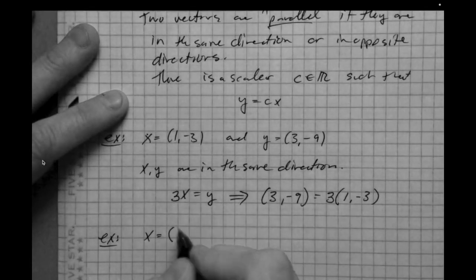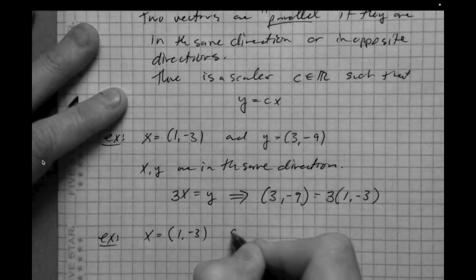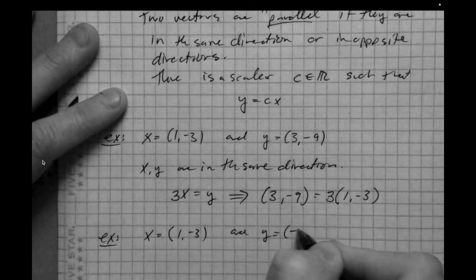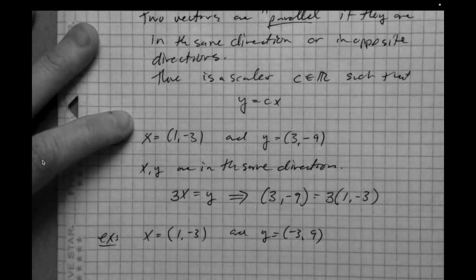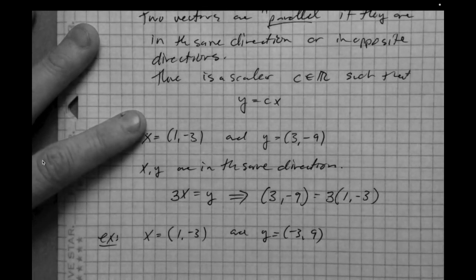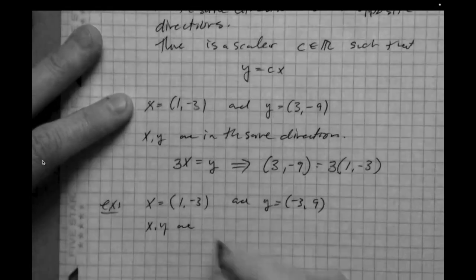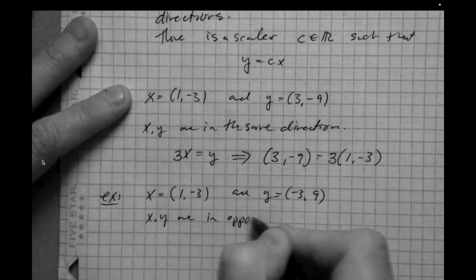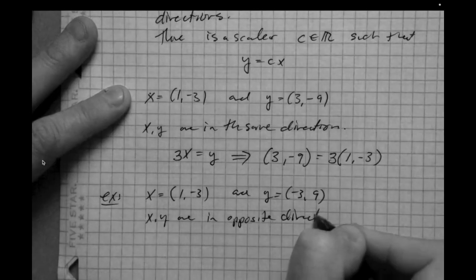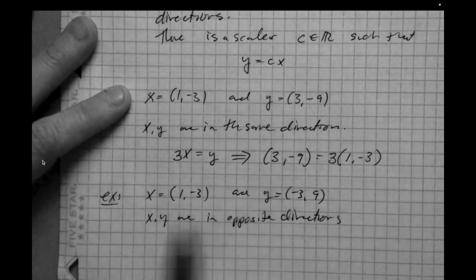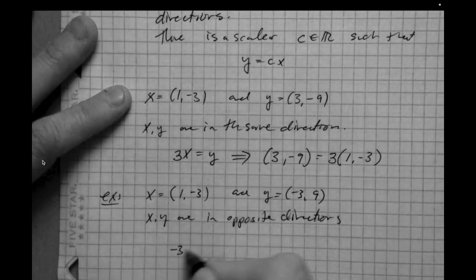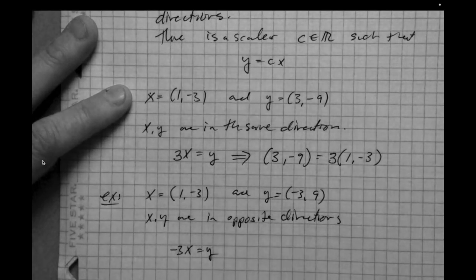Okay, what if I have a different x and y? What if I have x equals (1, -3) again, and y equals (-3, 9)? Well, these are in opposite directions. Here you can see that -3x equals y.